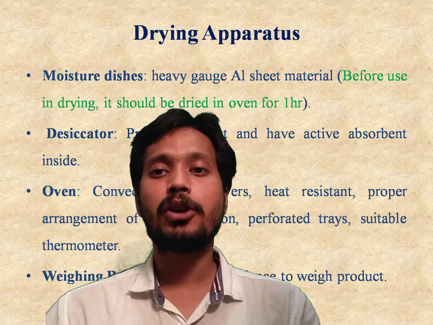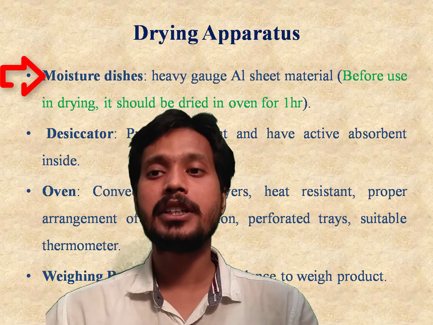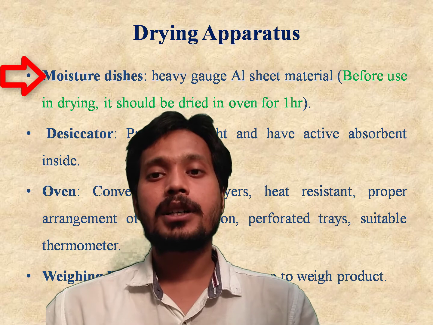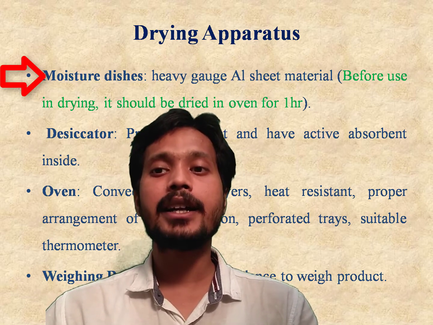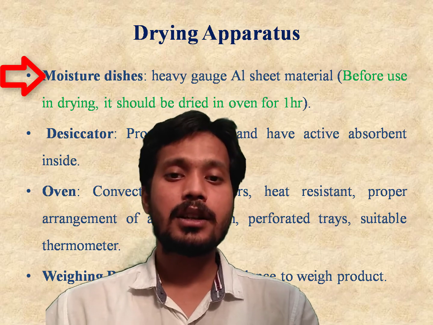So first, the moisture dish is made of heavy gauge aluminum sheet material. But one note is there: before use in drying, it should be dried in an oven for 1 hour. Now why is it so? As an example, suppose you are calculating the moisture content of paddy. While calculating it, you don't want to incorporate the moisture content of other components, right?